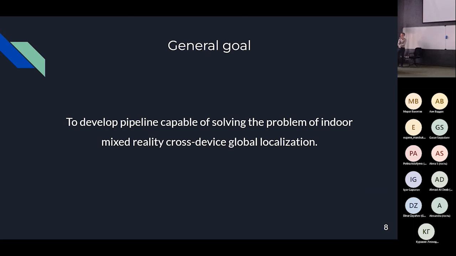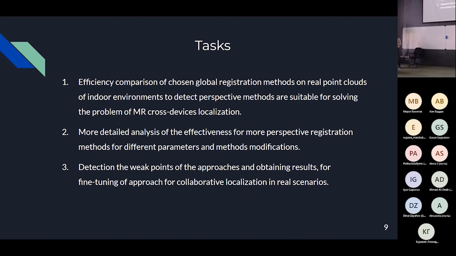So our general goal became to develop a pipeline capable of solving the problem of indoor mixed reality cross-device global localization. The tasks were the next. At first, an efficiency comparison of chosen global registration methods on real point clouds of indoor environments to detect which methods are suitable for solving the mixed reality cross-device localization problem.